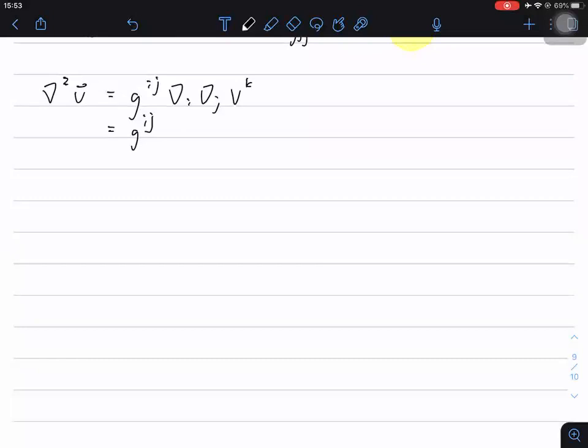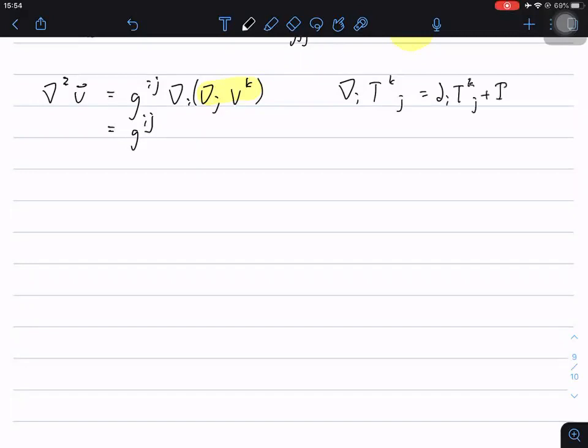And again, always do the outermost covariant derivative first. So treat this part as a rank 2 tensor. This is a rank 2 tensor with an upper index k and a lower index j. And we all know the rules of doing covariant derivative of a rank 2 tensor.